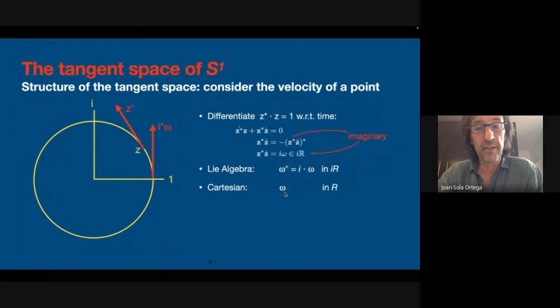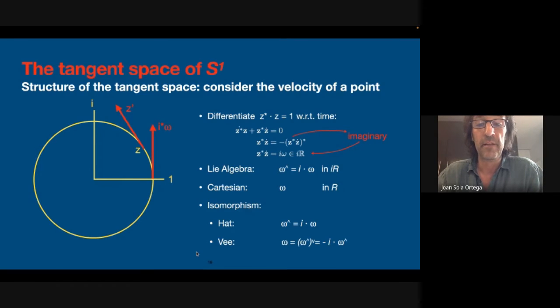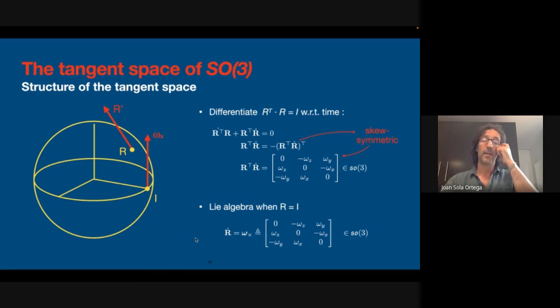So you always have a Cartesian representation of points in the Lie algebra. We will see it later. It's nice. Because they are equivalent, we can go from Lie algebra to Cartesian, or from Cartesian to Lie algebra, with a couple of linear operators that we usually call hat and vee. Let's see an example.